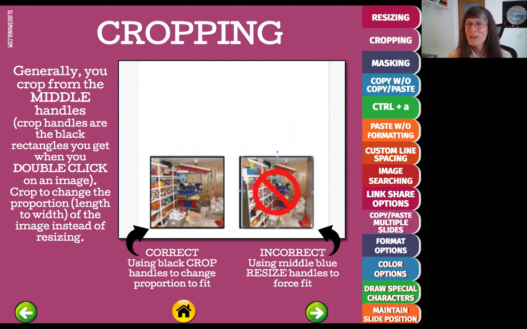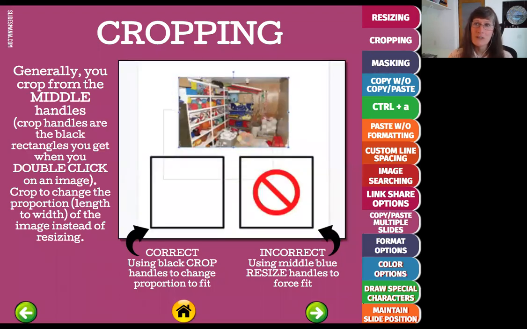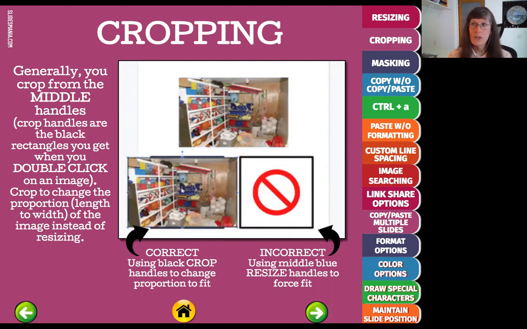Don't know a better way to describe it, but you can see in this animation made up what not to do. You, again, don't want to try to use the middle blue resize handles to force that image to fit in. This one is just showing you how the big image is displayed.